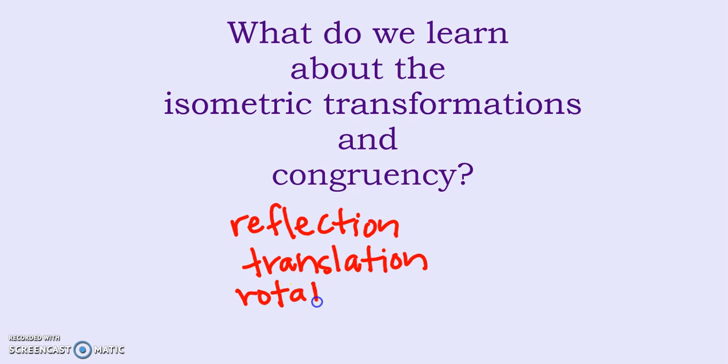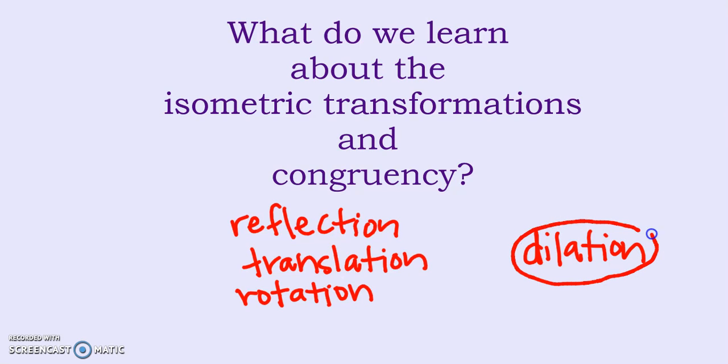The one transformation that we've talked about that is not isometric is a dilation. And that's really why we didn't do much dilating in this unit, because we've grouped them together by which transformations are isometric, or keep our image and pre-image congruent, and then which ones are not isometric, which is dilation.